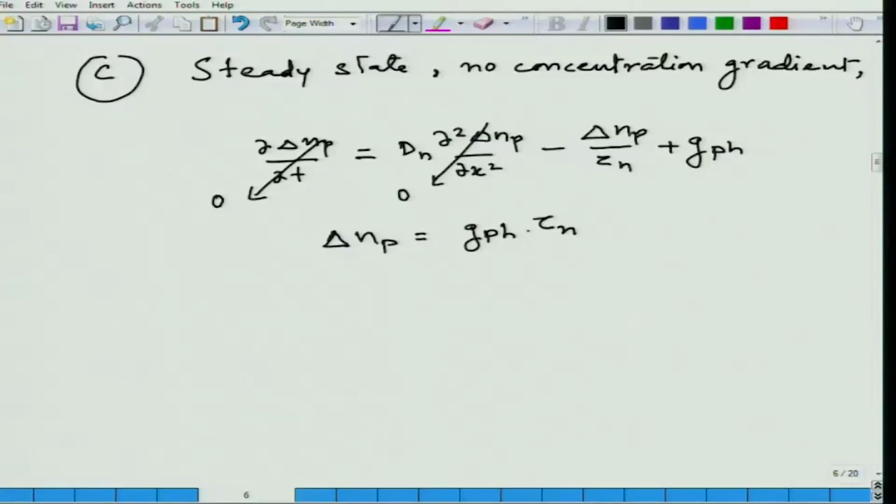What am I saying? I take a semiconductor in which I am looking at the change in the carrier concentration. Say this is a p type semiconductor. I am looking at the carrier concentration of electrons in the p type material, and I am shining light on it.